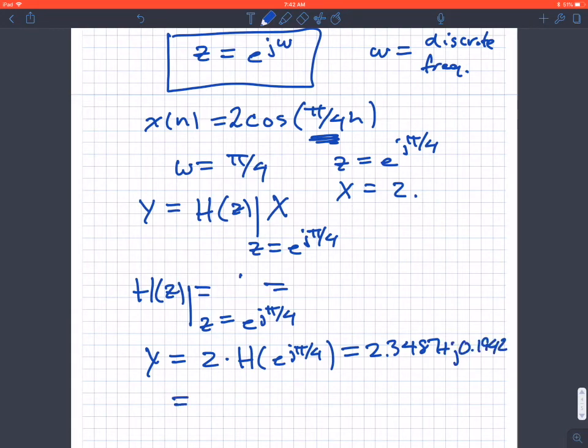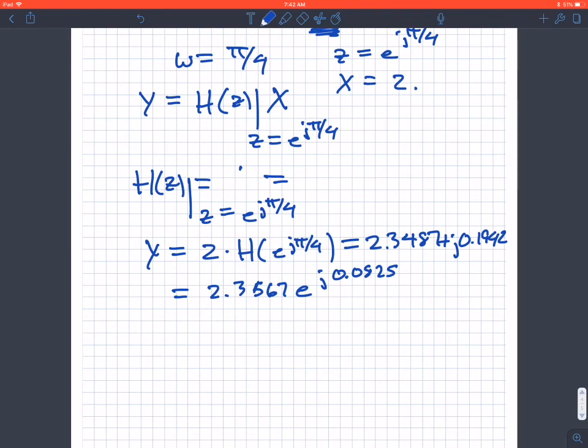You could put your calculator in polar form, and what you would get is 2.3567 at e to the j 0.0825.